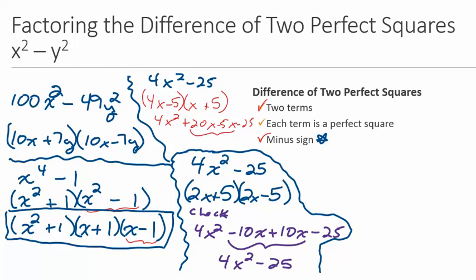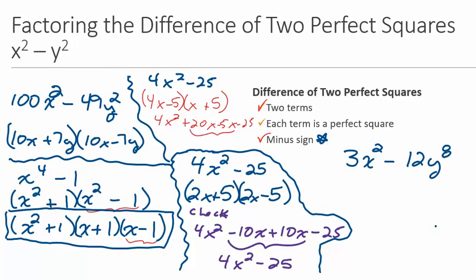So let's say we have something like 3x squared minus, oh, I'll make it a little fun here, how about 12y to the 8th? That's exciting.